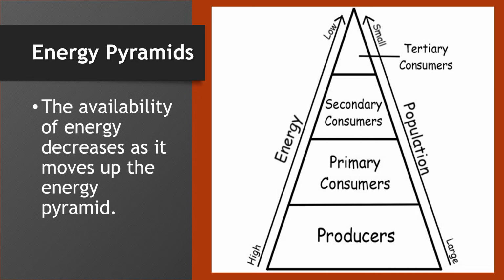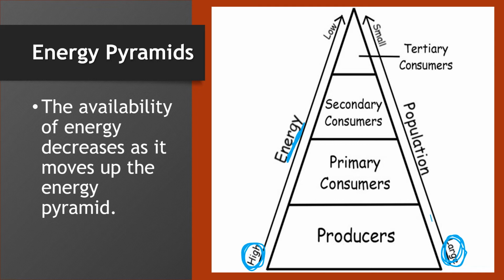So this is a really good graph to show you how this works. At the bottom, we have energy on one side, and population on the other. On the left-hand side here, we're looking at energy. Down here with the producers, we have a lot of energy. And so the population over here on the right-hand side is large.